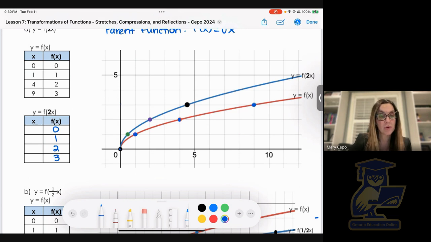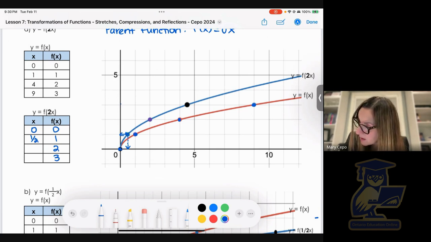Looking at the blue graph, when y is 0, x is also 0. When y is 1, x is actually 1/2. Interesting. And in the parent function it is 1. In the transformed function, it is 1/2.